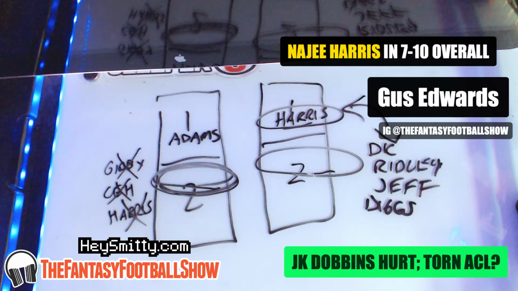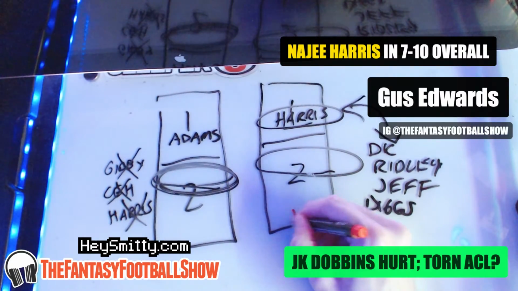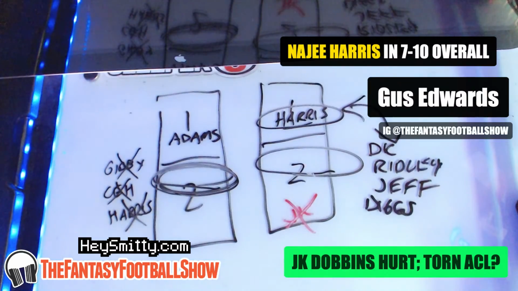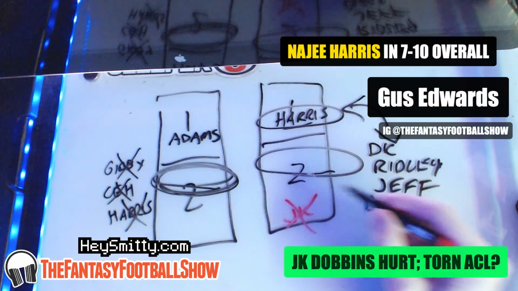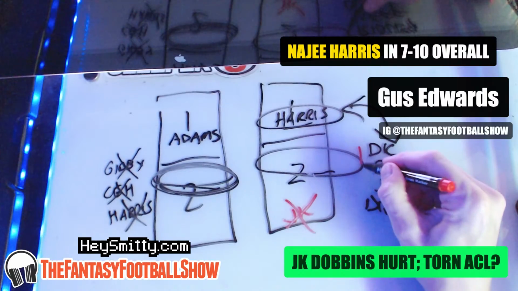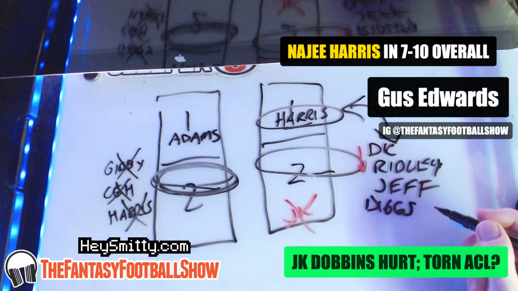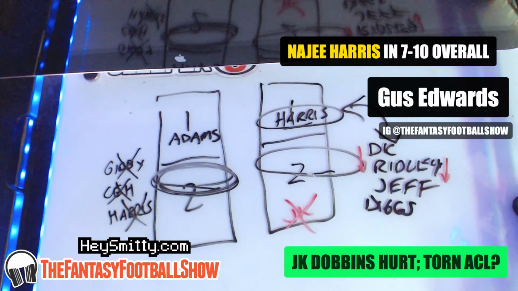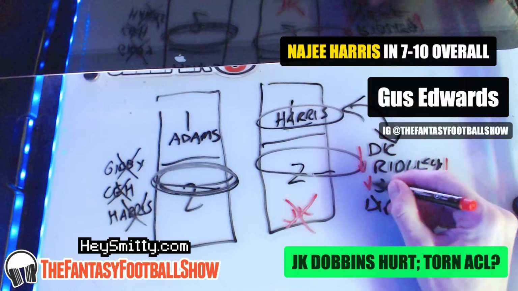Maybe not, because if you take one player off the board, so here's JK, you take JK off the board, you would think, oh, that's going to pull all these guys up. Not necessarily. DK's ADP probably goes down a couple spots. Ridley's ADP probably goes down a couple spots. Jefferson's down a couple spots.